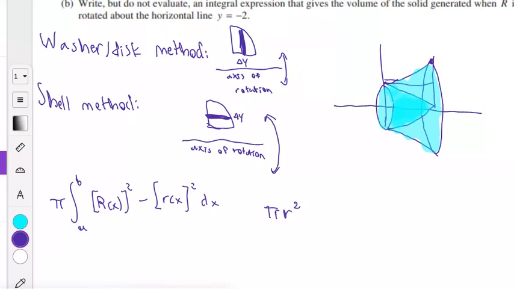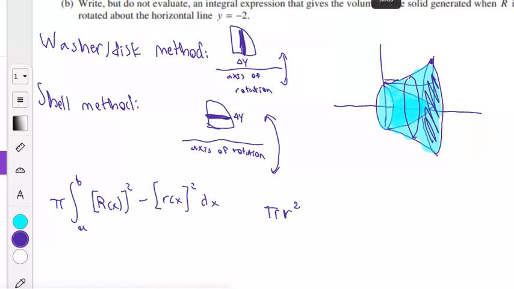The pi r squared is basically giving us the area of all these circles. However, we have to integrate it because integrating it is what gives us the total volume. Having simply pi times the r of x equation squared will only give us the area of a singular circle.